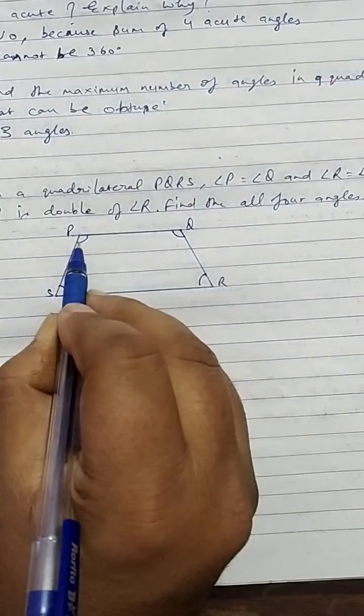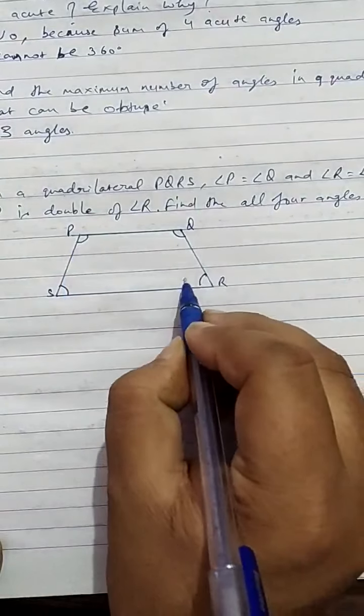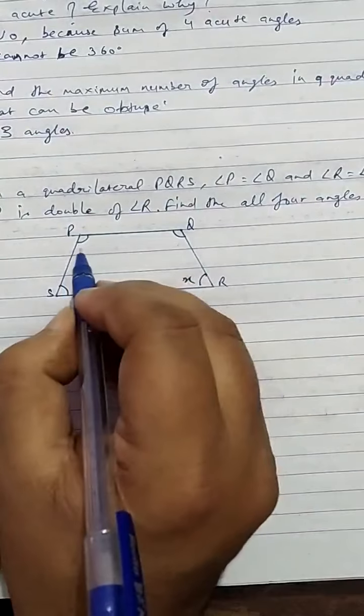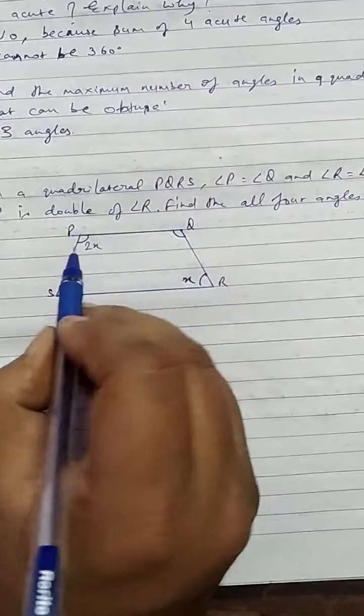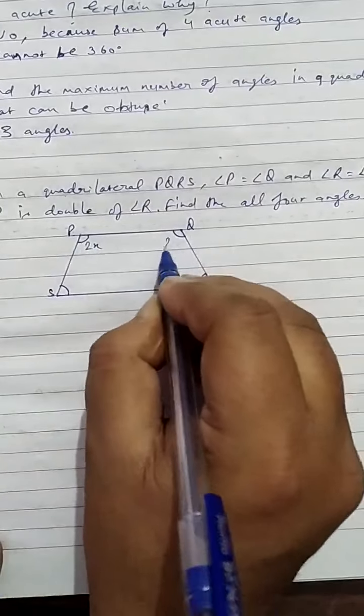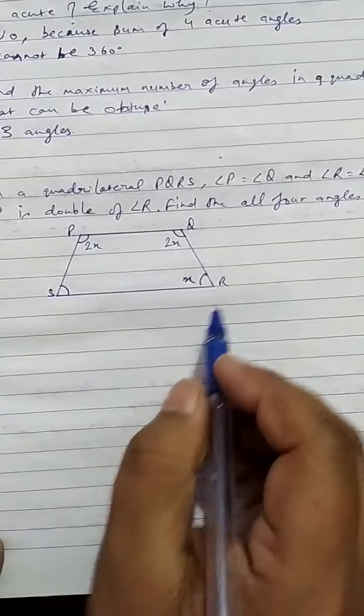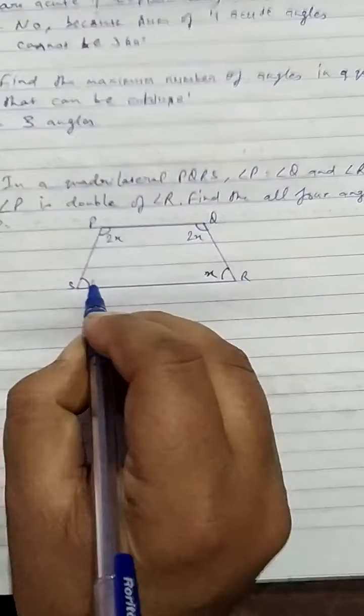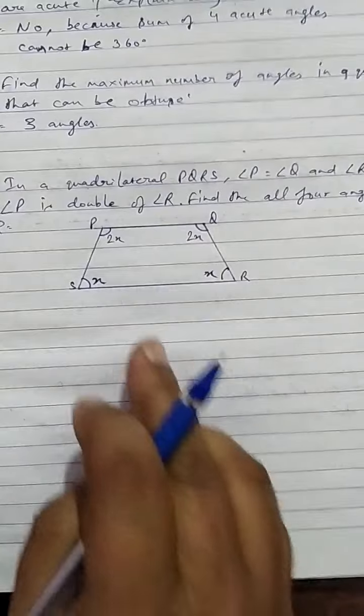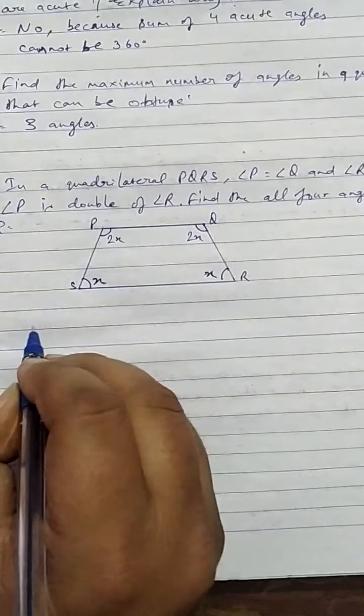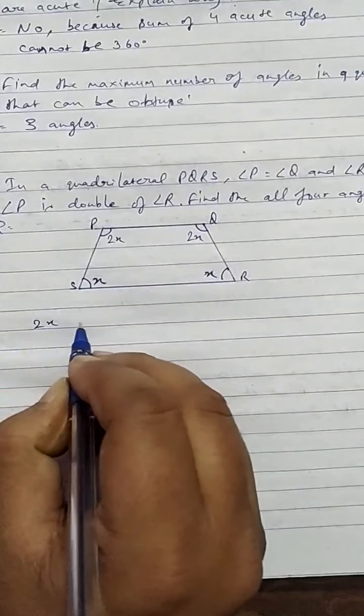Now P is double of R. So let us take R as x and P will be double, that is 2x. And when this is equal to this, Q will also be 2x and R is equal to S, it will also be x. Now we know that this is a quadrilateral, so the angle sum will be 360 degrees.